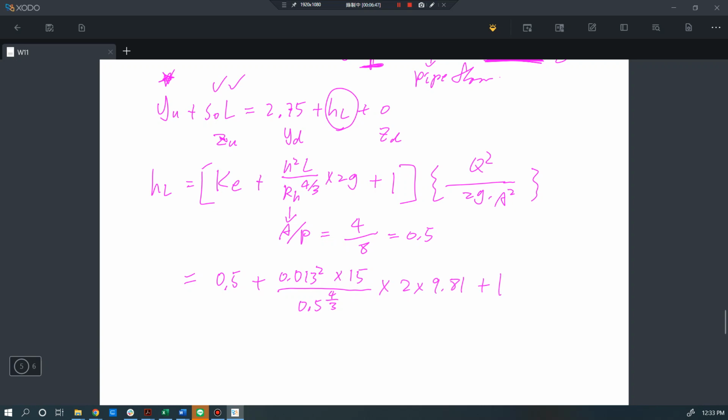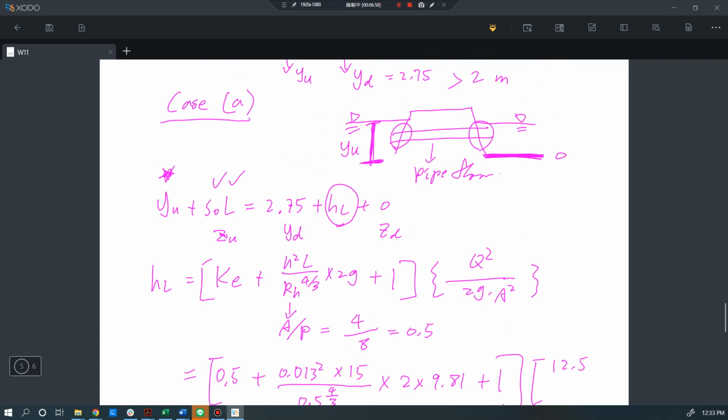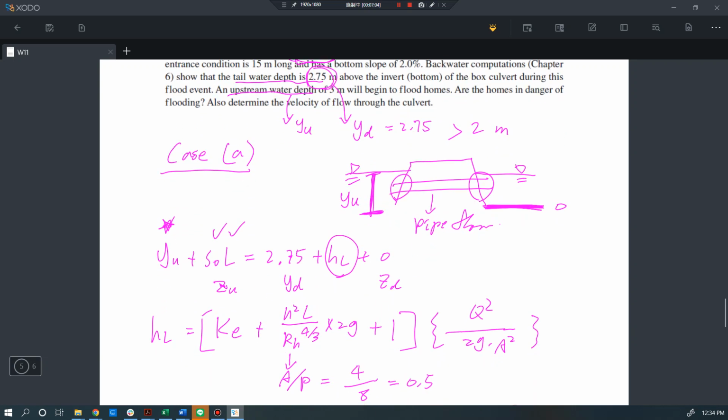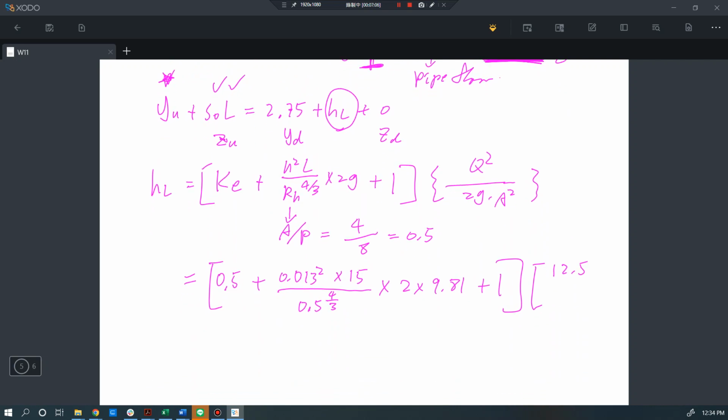We multiply this entire term by the flow rate, 12.5, because this flood event has a flow rate of 12.5 cubic meters per second, divided by 2G, 2 times 9.81, times the square of the area, which is 4 to the power of 2. Then we get the answer, which is equal to 0.81 meters.